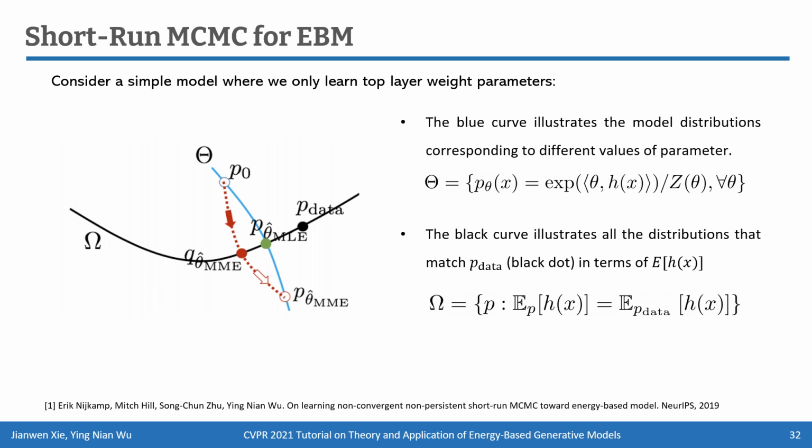Even if the learned p theta may be biased from MLE, the resulting short-run MCMC is considered a valid model in that it matches the data distribution in terms of the expectation of h(x).